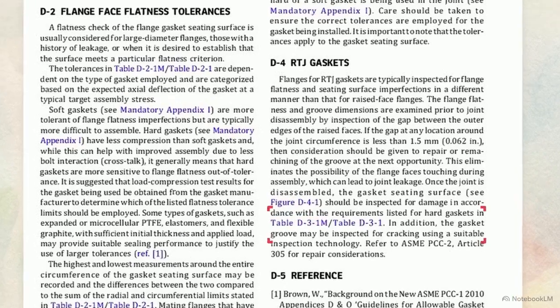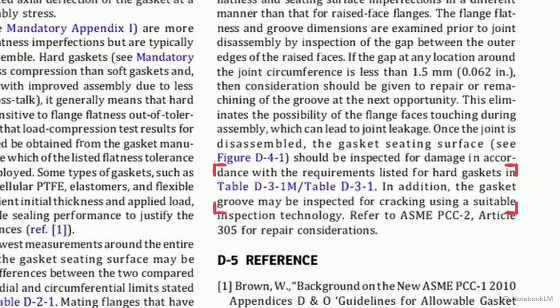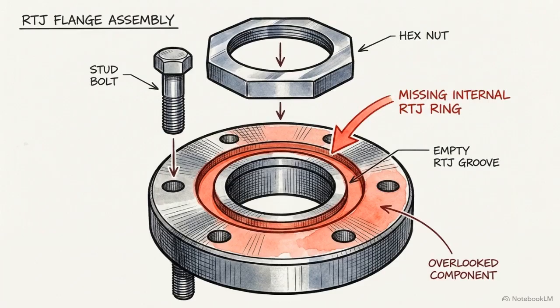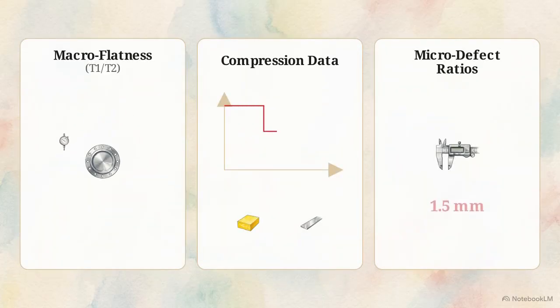That means 0 defects are permitted if their radial dimension exceeds half the width of the groove face. Treating an RTJ like a standard flange by skipping the pre-disassembly gap check leaves inspectors entirely blind to its primary failure mode. Validating a safe pressure boundary is always a continuous logic chain.